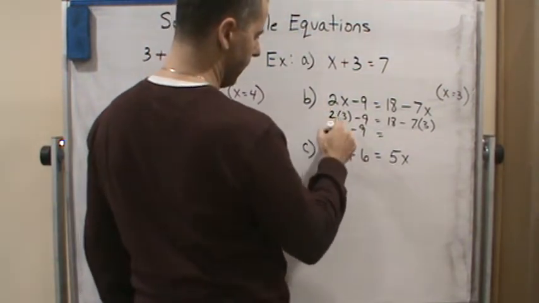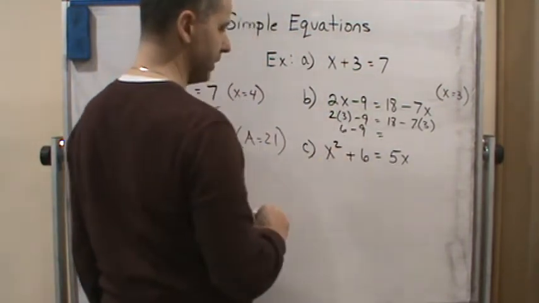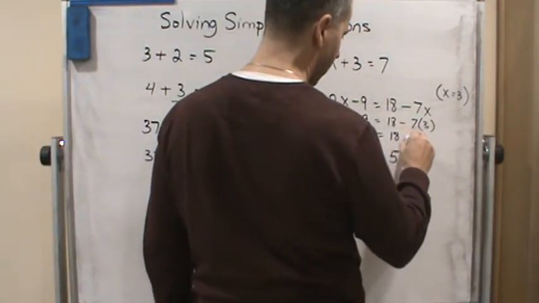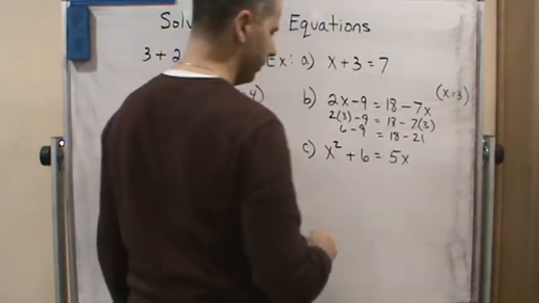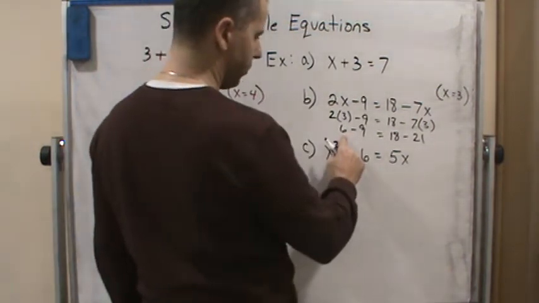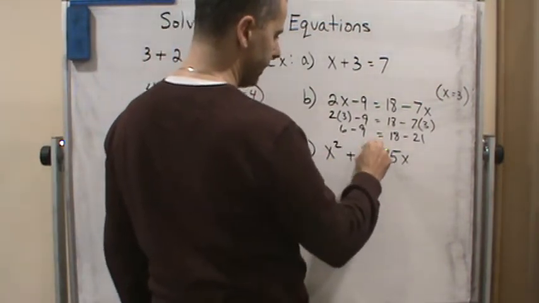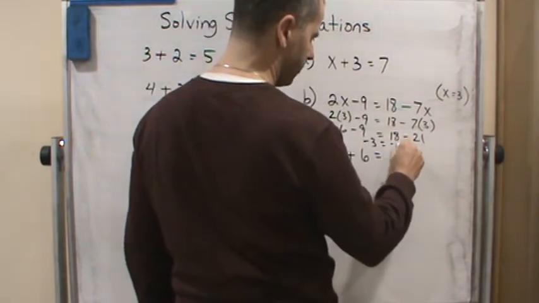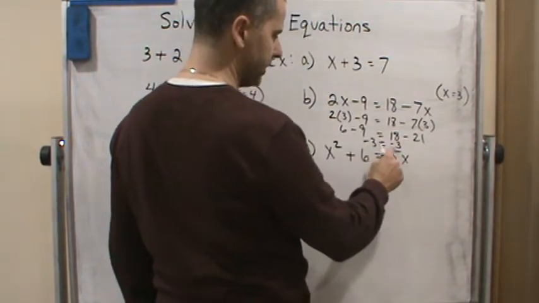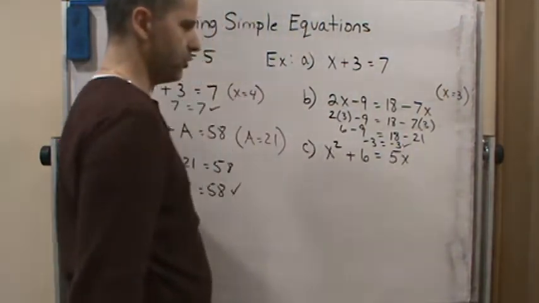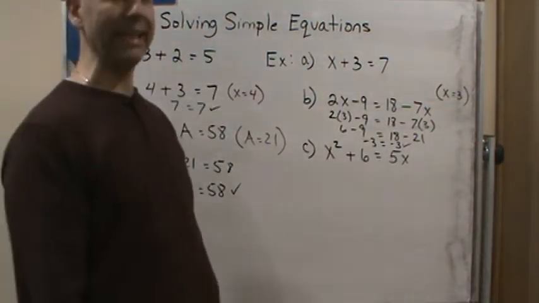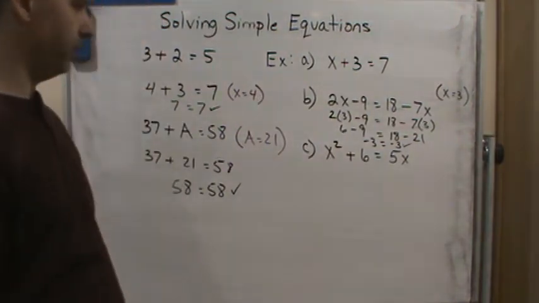So this gives me 6 minus 9, and here I get 18 minus 21. What's 6 minus 9? That's negative 3. What's 18 minus 21? That's also negative 3. So I get negative 3 is equal to negative 3. That is a true statement. So yes, x equal to 3 is a solution to the equation.